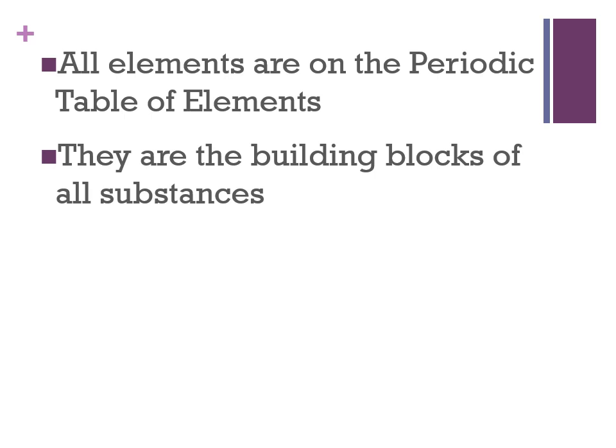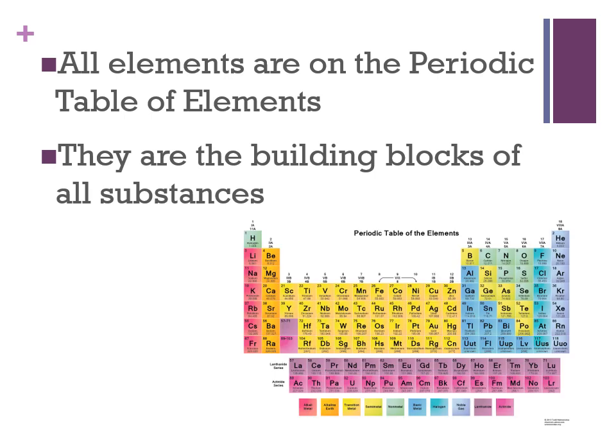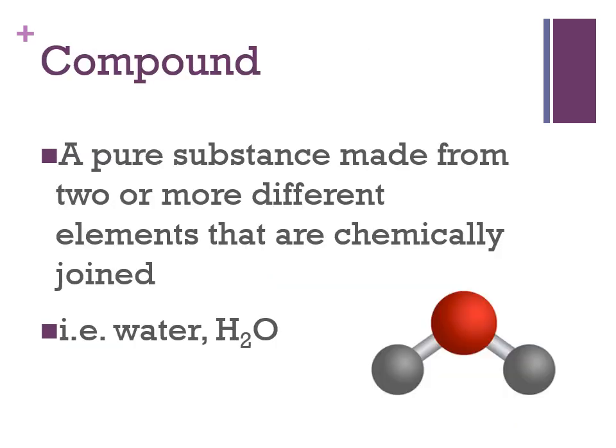We'll learn what some of those numbers mean in a future lesson, but it's important to know that all of these elements and their atoms are the building blocks of all substances. You'll notice on this example that there are different columns that are colored differently. Again, we'll learn about all the different families that we find on the periodic table.